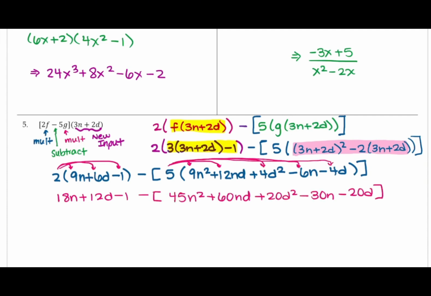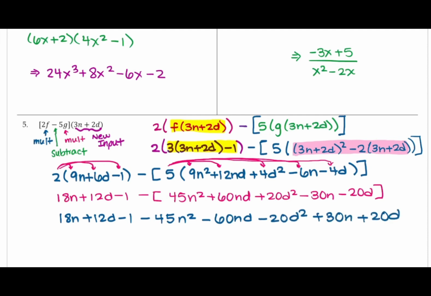All right, so after doing my distribution, this is where we end up. And lastly, let's distribute that negative so I can get rid of those extra grouping symbols, those brackets. And I am going to change the order. I am going to put my n squared, my nd, and my d squared first, followed by n, d, and my constant.